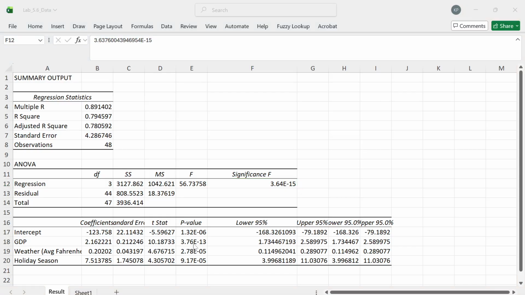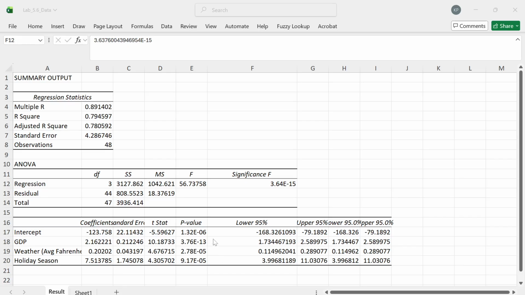In this case, you can see the p-value for GDP, 10 power minus 13, is less than 0.05, 2.78 times 10 power minus 5 is less than alpha, and 9.1 times 10 power minus 5 is less than alpha, where alpha is 0.05.